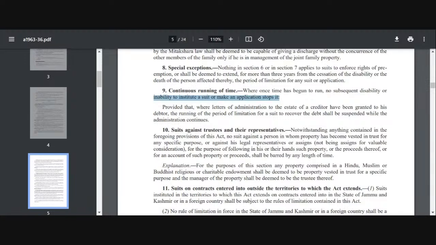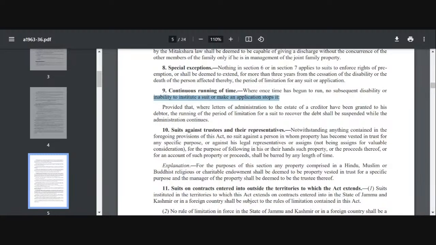Come to section 10. Section 10 is again an important section. Suit against trustees and their representatives. So section 10 provides that if there is a trust which is created for a specific purpose or for a specific object, I am creating a trust and I have already vested that property in the trustee.